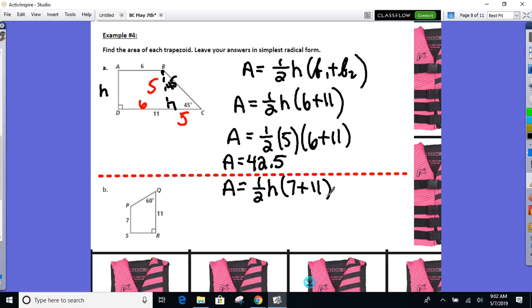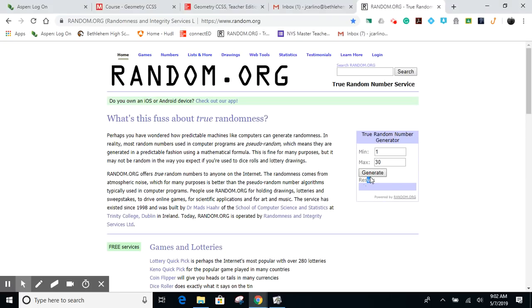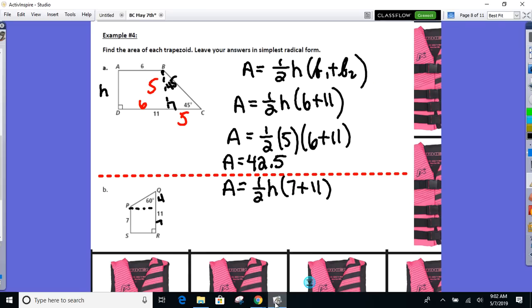Okay, we can do the same thing, but now it's a 30-60-90 triangle. 7, that would make the side across from 30 be 4. And yesterday, how do you find the side across from 60? How do I find the side across from 60 if the side across from 30 is 4?